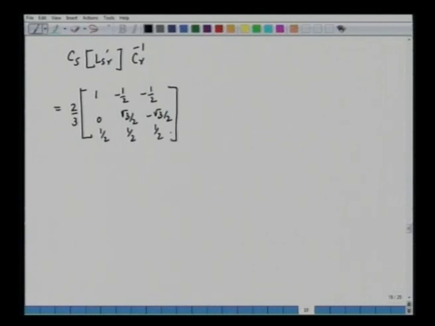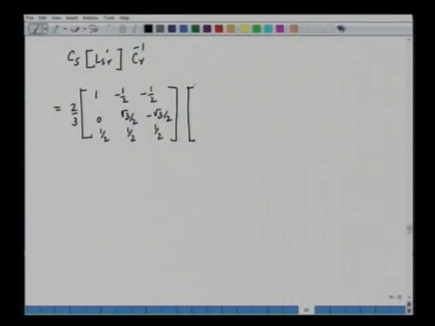Now, what is LSR? LSR is the mutual inductance between the stator and the rotor. Now, this inductance is a function of theta r. So, if we see this inductance we have derived in the last lecture, and this inductance was a function of theta r in the following fashion.